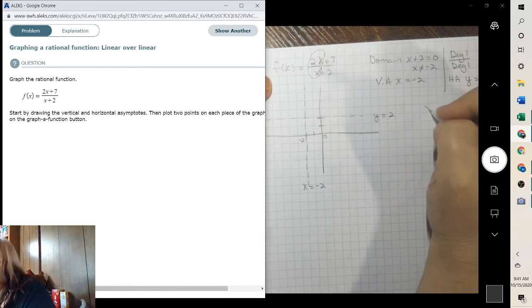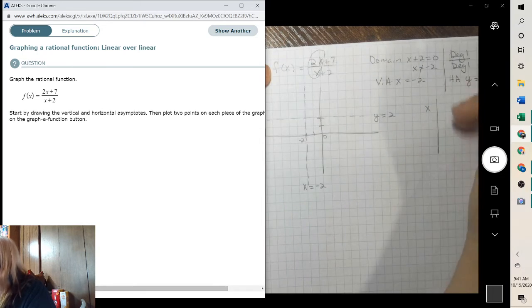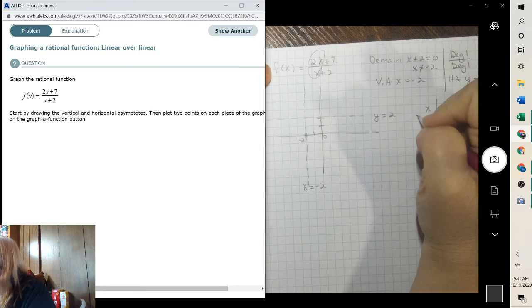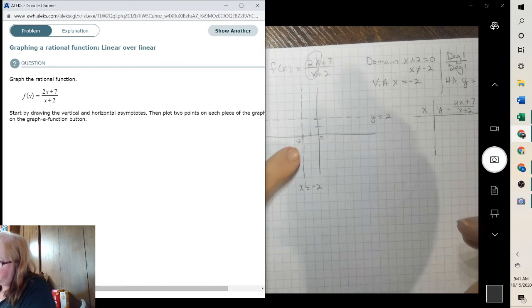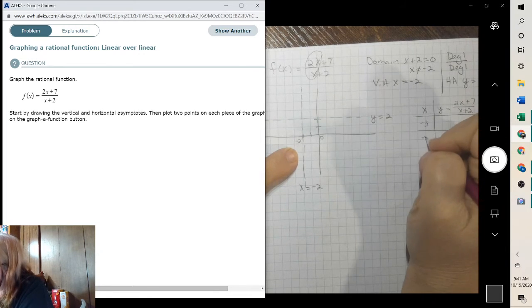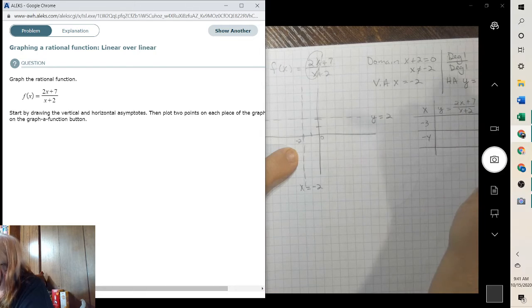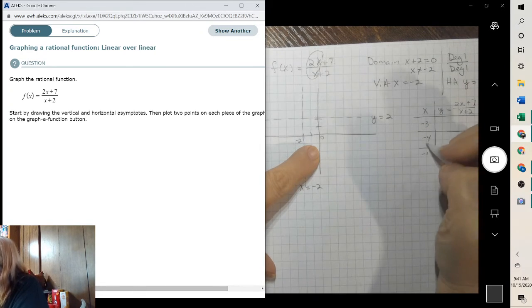And then we want to pick two values on each side and plot them. So on the left of -2 we can do -3 and -4. Going the other way, -1 and 0.